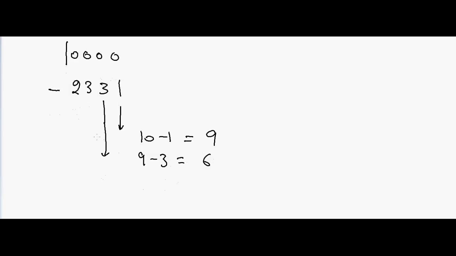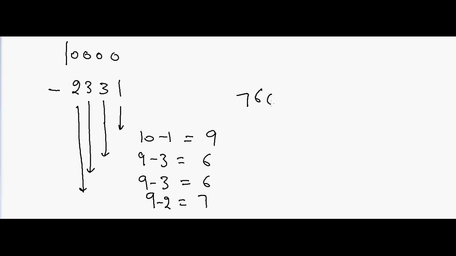Then I'll take the next 3, so 9 minus 3 is equal to 6, and then I'll take the 2, so 9 minus 2 is equal to 7. So the answer will be equal to 7669. We can do the same thing for much larger numbers, but here is the approach.